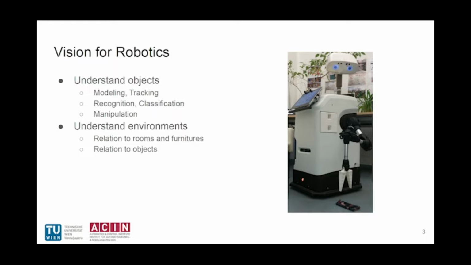And the second axis, because the robots we consider are evolving in a given environment, it's very advantageous to also understand it and make use of that information. I'm sure, given the audience, you're very aware of that, of course.